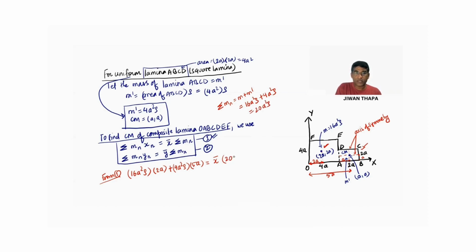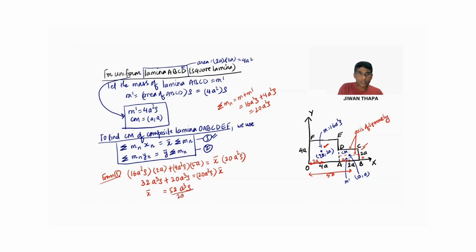So let us simplify. 32a cube rho plus 20a cube rho equals 20a square rho times x bar. So this gives me 52a cube rho equals 20a square rho times x bar.